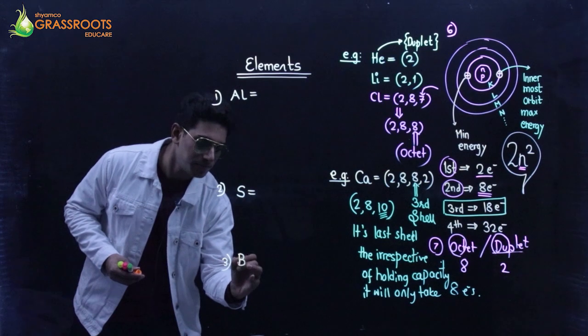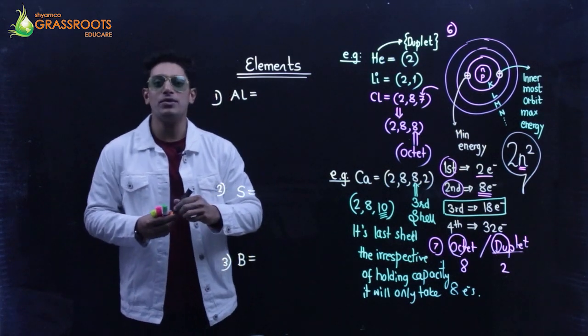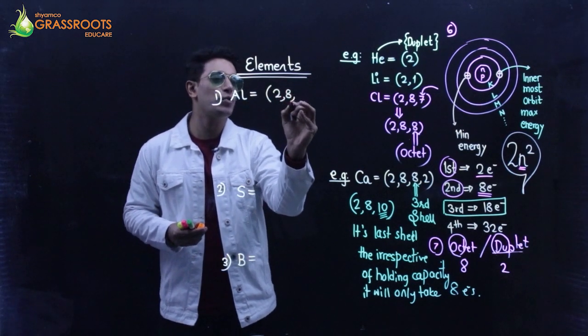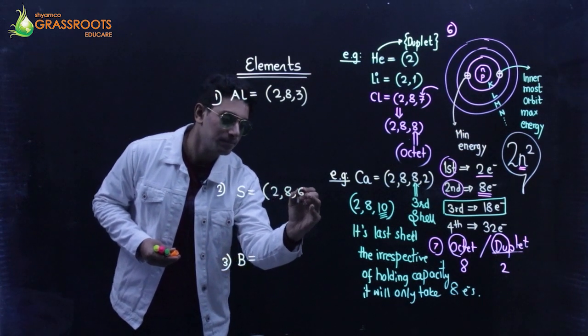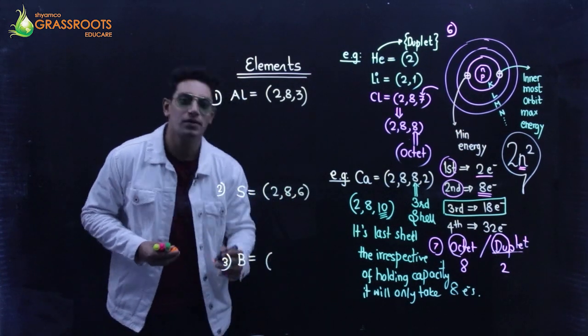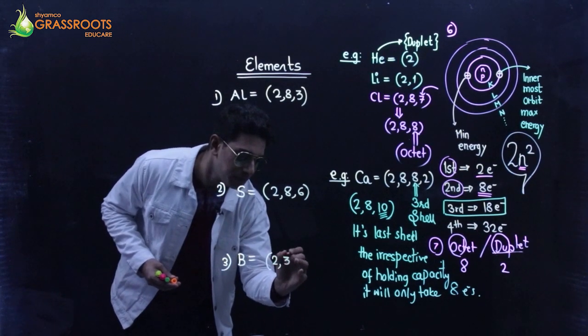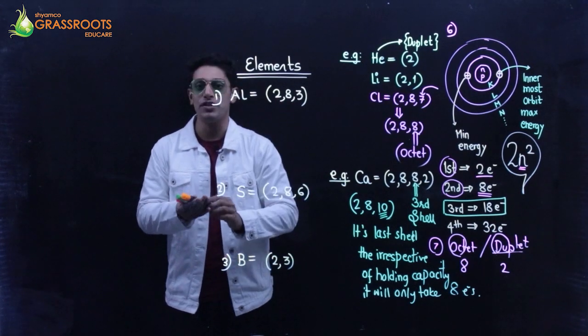Let's take boron. Fine, a simple one. So talking about the electronic configuration to start with: aluminium is going to be 2,8,3, sulfur 2,8,6, and boron is 2,3, I guess. 2 shells, 3 shells, 3 shells.